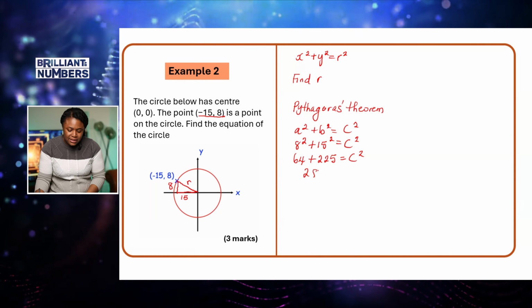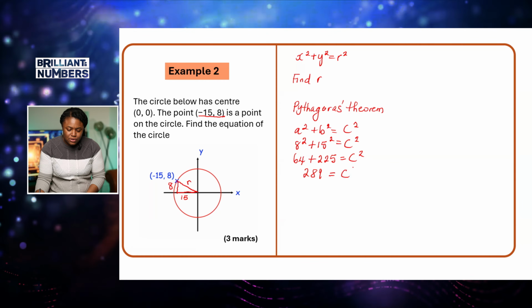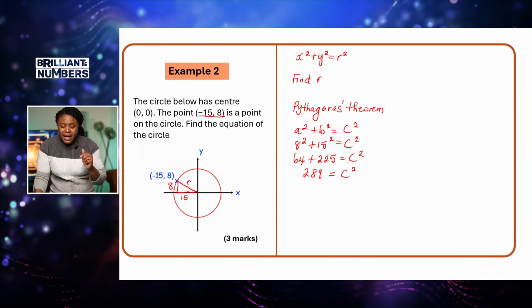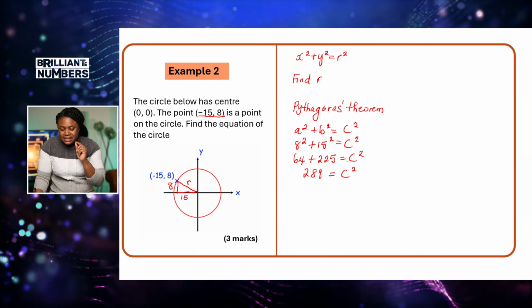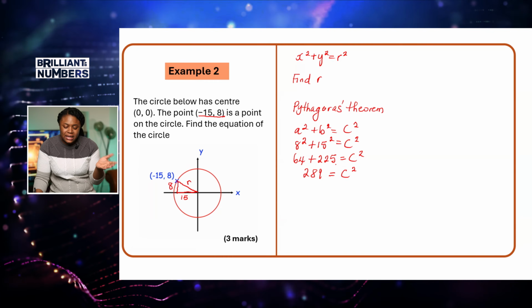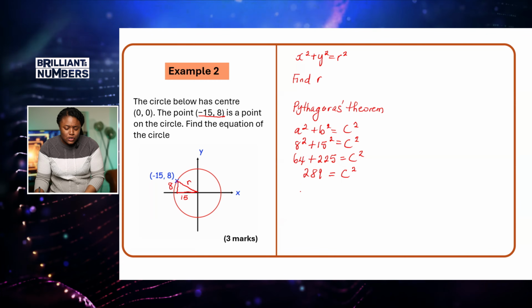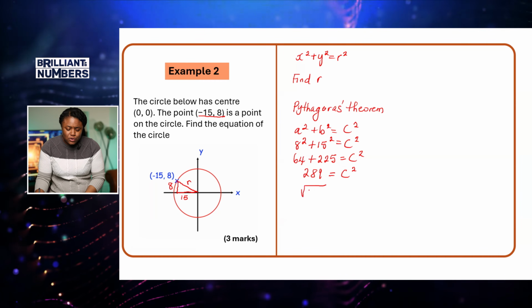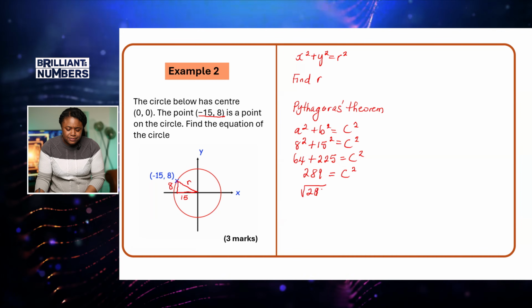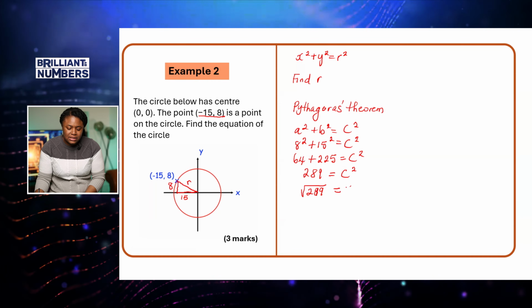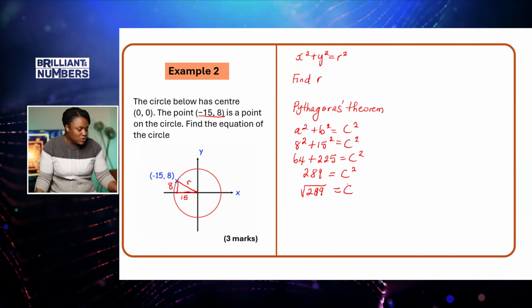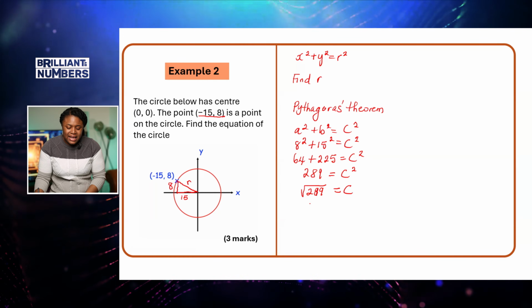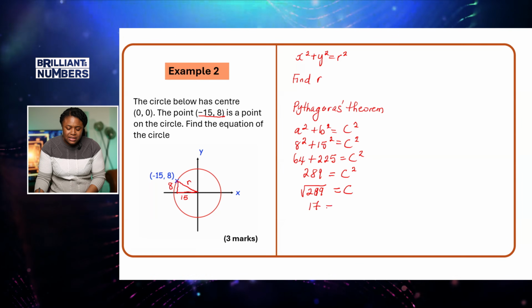So 289 is equal to c squared, and I know I have to do the inverse of my operation because I'm after c, which on the question we had labeled r. That's okay. So we're going to do the square root of 289, and that will give us c, which is actually our radius. The square root of 289 is 17, so 17 is equal to c.